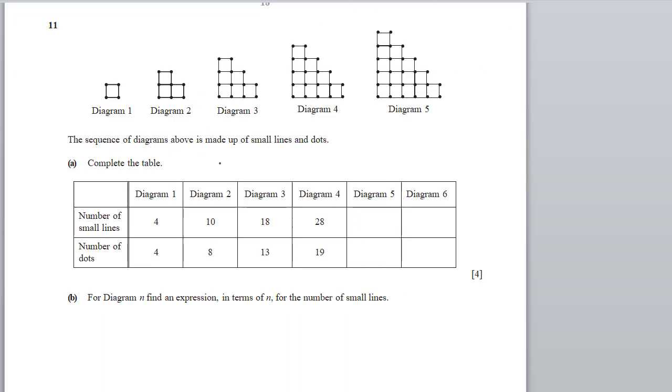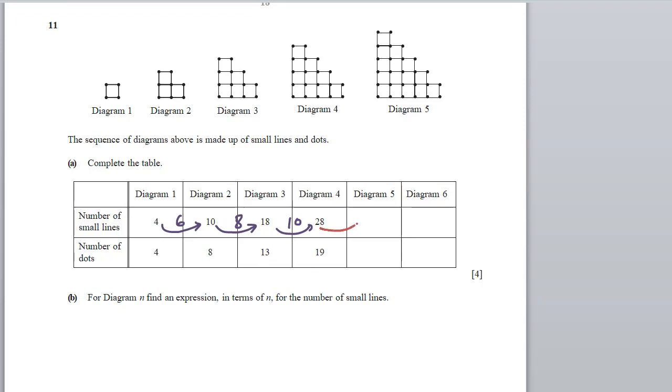Now the sequence of the diagram above is made of small lines and dots. Complete the table. The relationship we have here: 4 and 10, so it's 6, 10 and 8, 18. Now from 18 to 10, we change by 2.